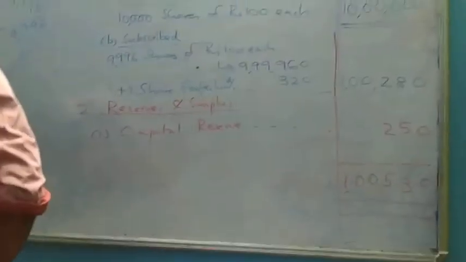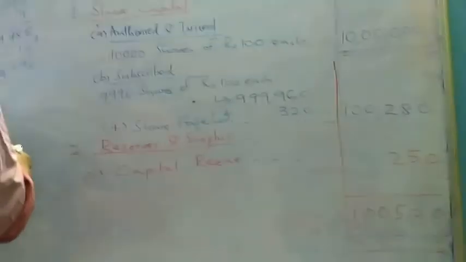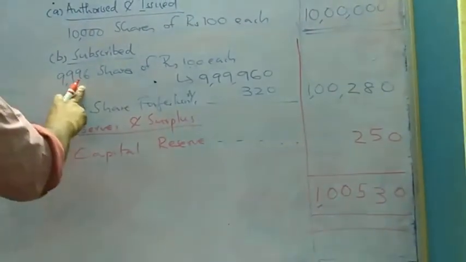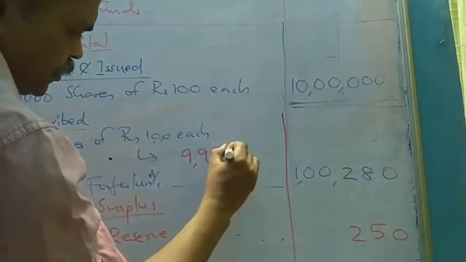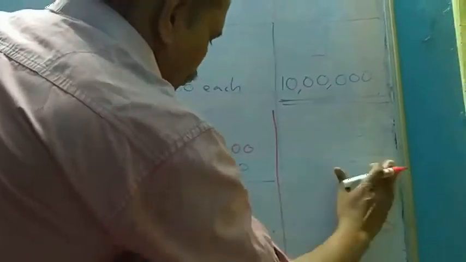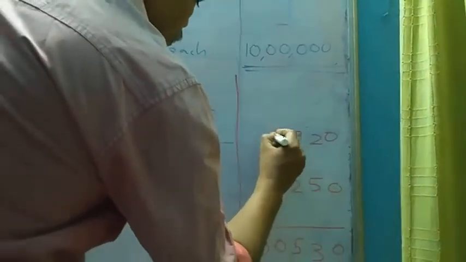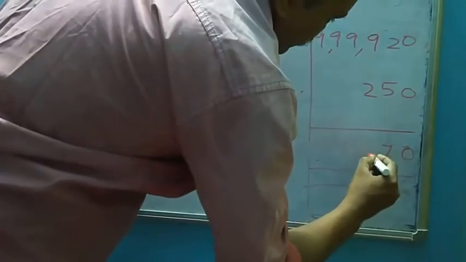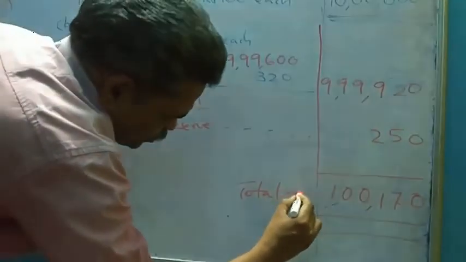That is the total of the balance sheet. Here one change is there, it will be 9,99,600 will be there. This will be the total of this schedule.